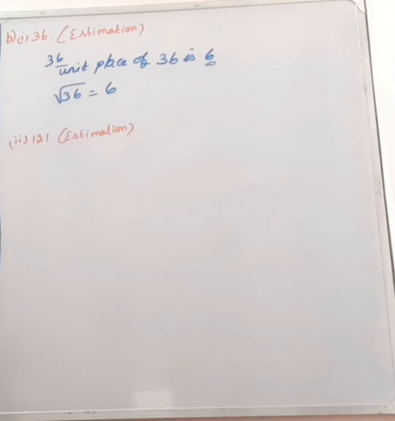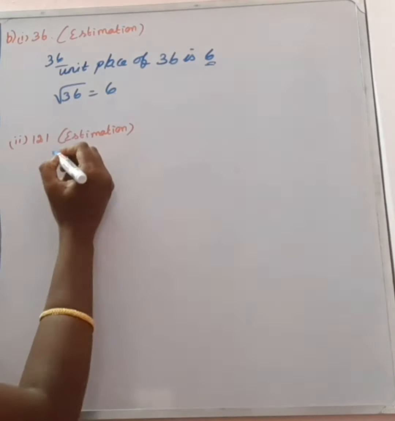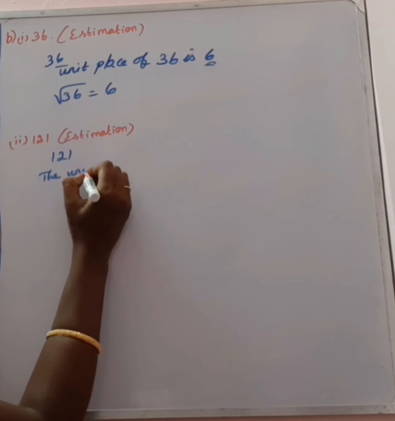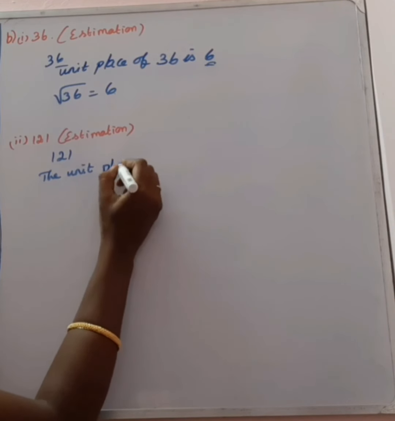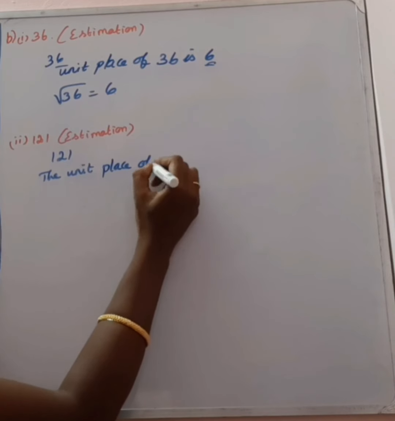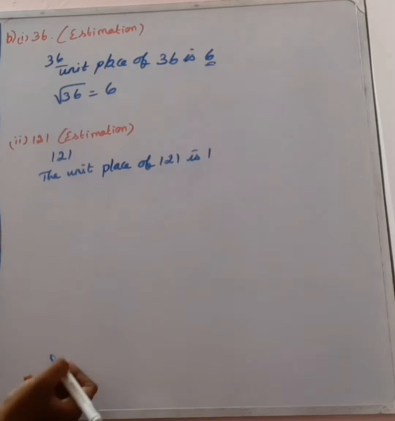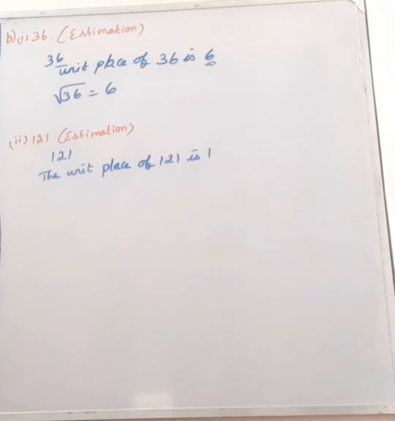Okay, then see the next sum. 121. It is a 3-digit number, isn't it? So the unit place of 121 is 1. That means the unit place of the square is also 1, isn't it?